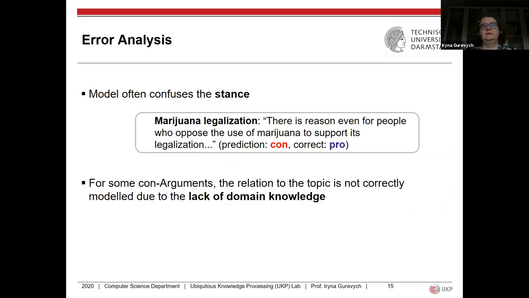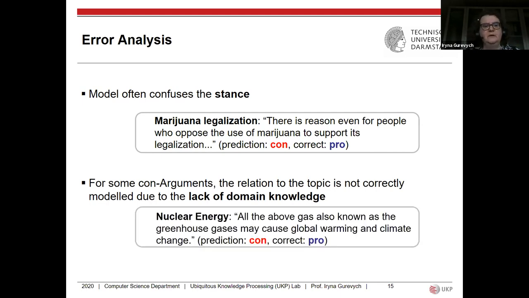And another observed mistake is the relevance of the predicted sentence due to the lack of domain and world knowledge. For example, in the sentence "all the above gas, also known as the greenhouse gases, may cause global warming and climate change," the correct prediction is pro, and the model classifies this as a con argument.